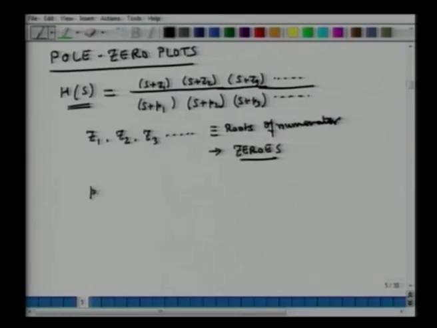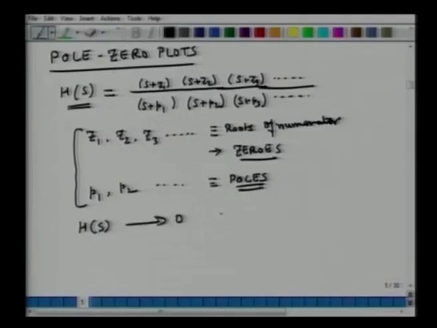Also, the roots of the denominator, P1, P2, P3, are called poles. And at these values of S, which are complex frequencies, H(S) goes to 0 at zeros, and H(S) goes to infinity at poles.